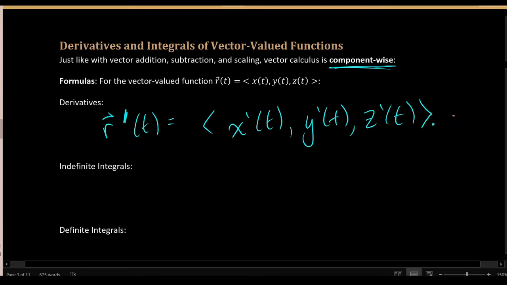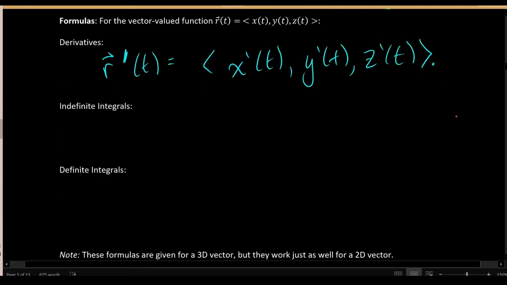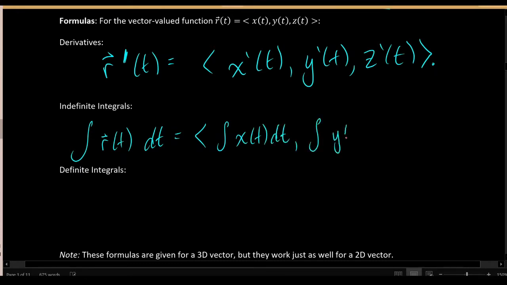Same thing with integrals. If you want to take an indefinite integral of a vector-valued function called r, written symbolically as integral symbol r of t and then dt to close, then all you have to do is take the indefinite integral of the x component, take the indefinite integral of the y component, and separately the indefinite integral of the z component.